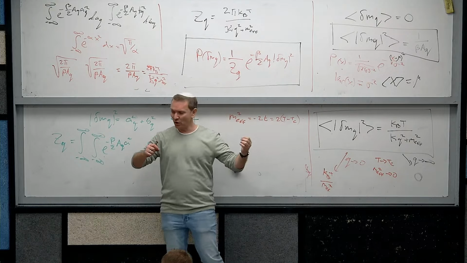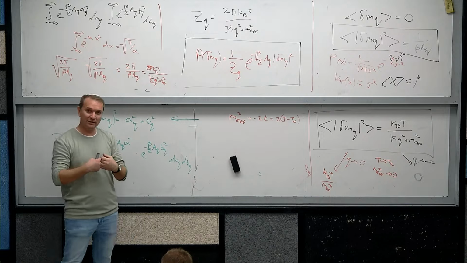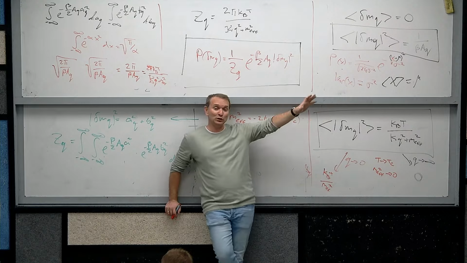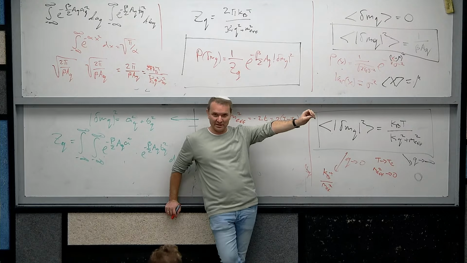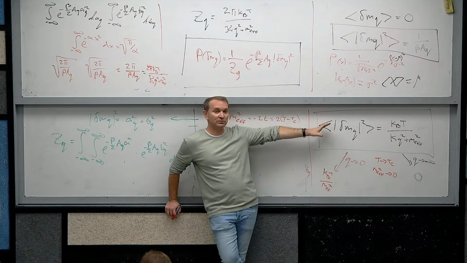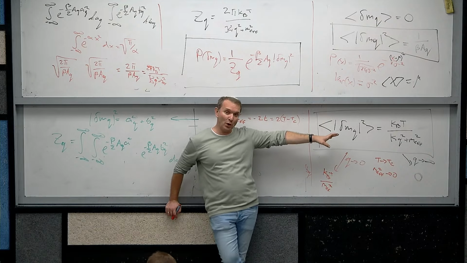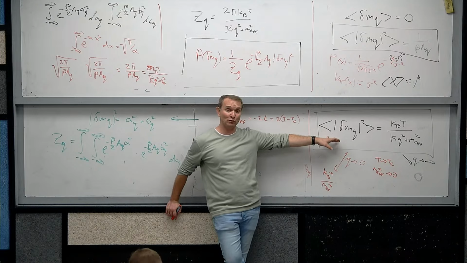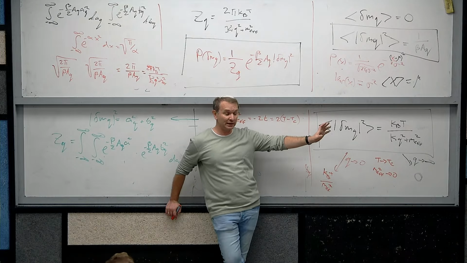So what we've done in order to make everything nice mathematically is we took the fluctuations and represented them by the Fourier transform. We now know something about the Fourier components of this transform and the distribution of those components. This is nice.